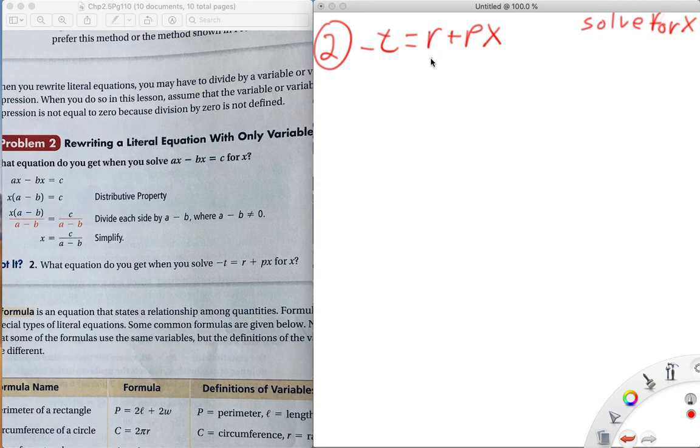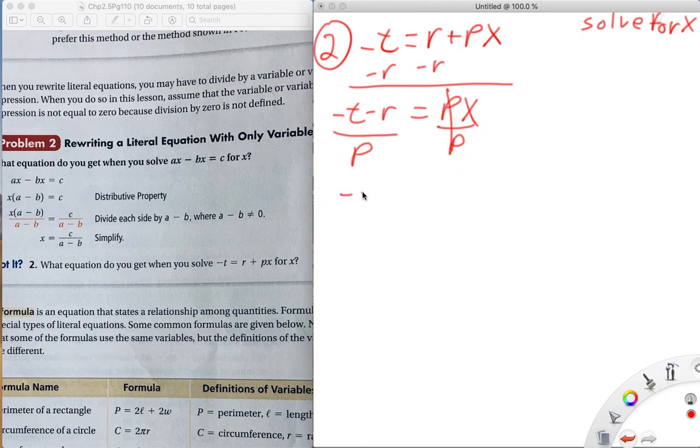The first thing I'm going to do is get rid of the r on both sides. So I have negative t minus r equals px. Then x is being multiplied by p, so I'm going to do the opposite operation, which is to divide by p. What I do on one side, I do to the other.